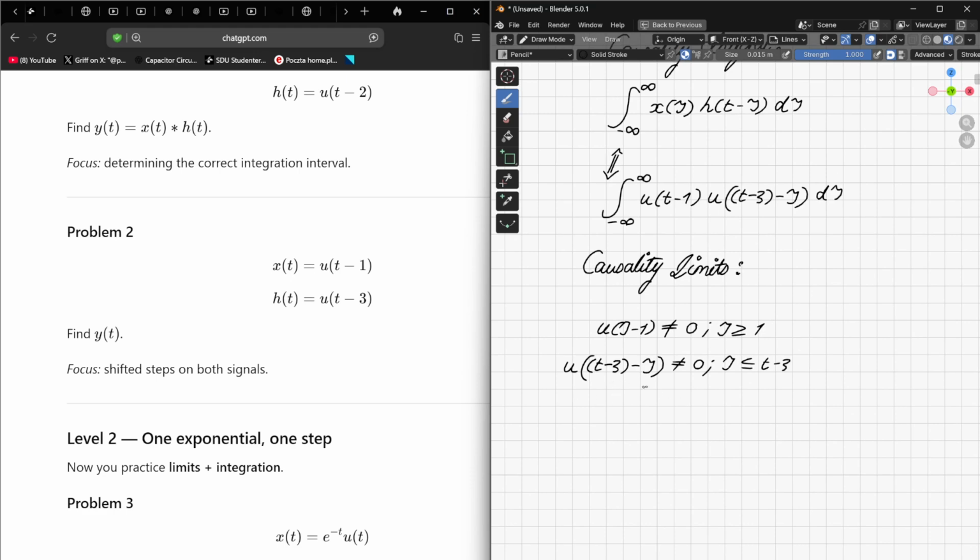And then you just mess with these again, change the limits for this. So it'll be 1 and then t minus 3. And then it'll just be 1 d tau.